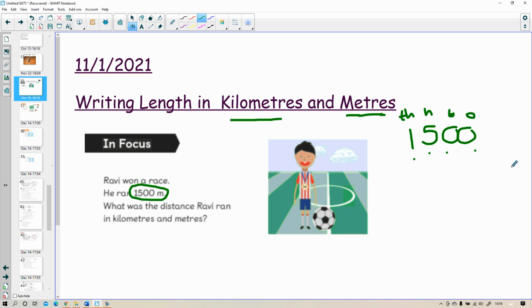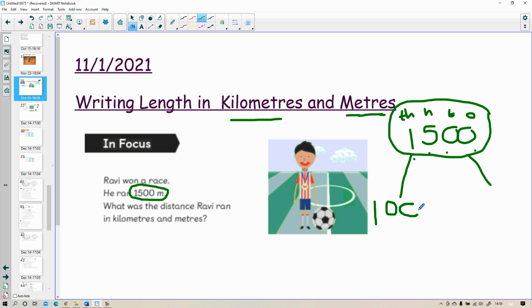And we can do that with a part-whole model. If I wanted to take out how many thousands there are, there's 1,000, of course. Here it is, there's my 1,000.